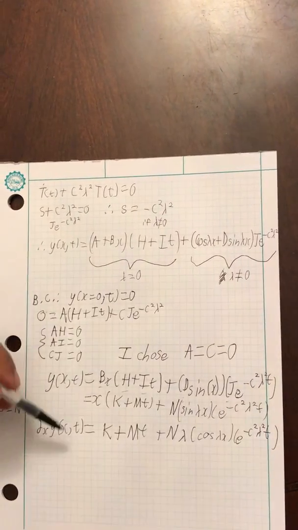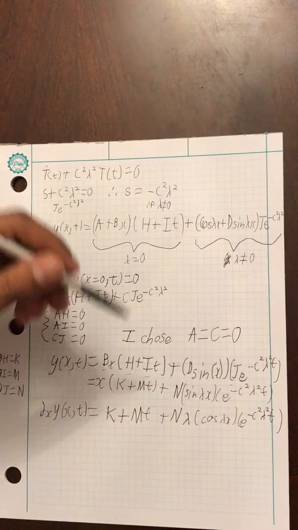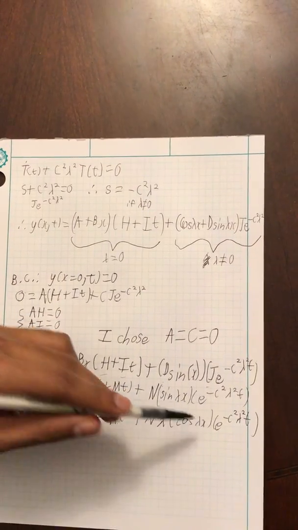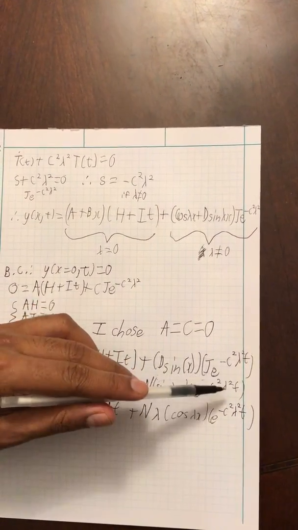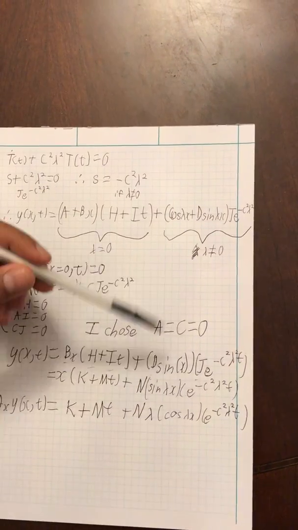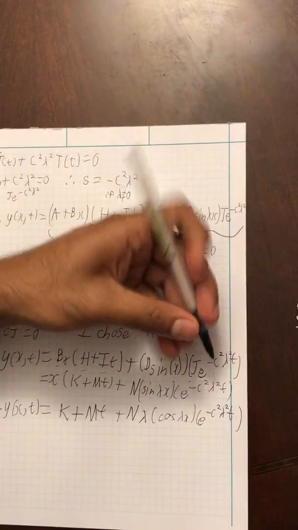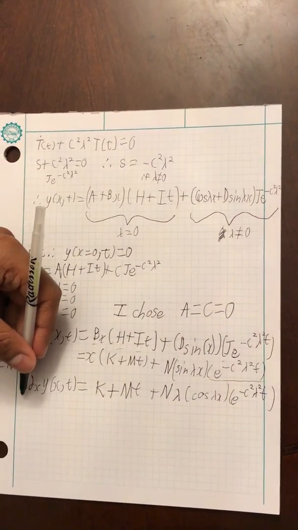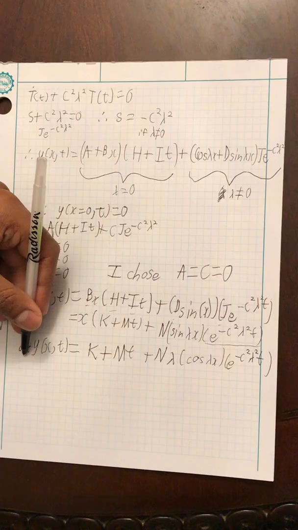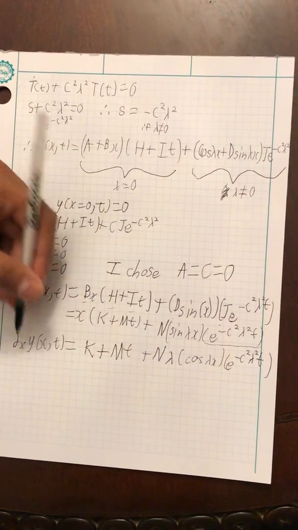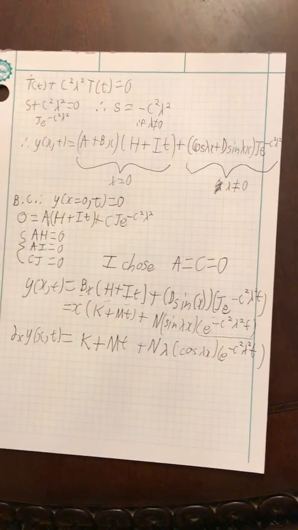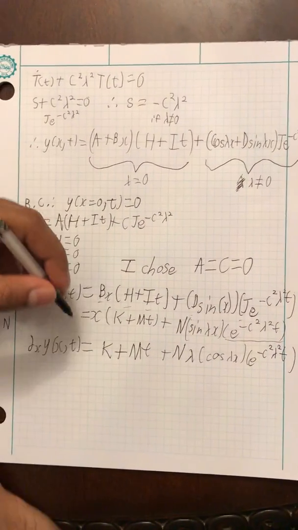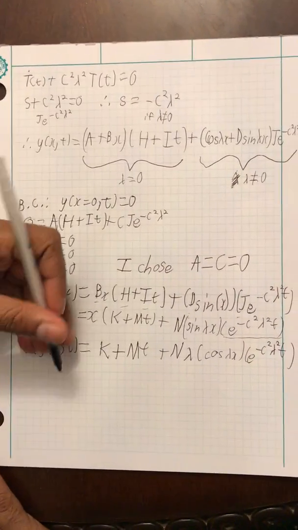Over here we got k plus m t because this x is gone, and then n lambda cos lambda x e to the negative c squared lambda squared t. We can treat this part as a constant, since it's dy/dx and so it has nothing to do with the t, so you can just ignore the t terms and only work with the x.